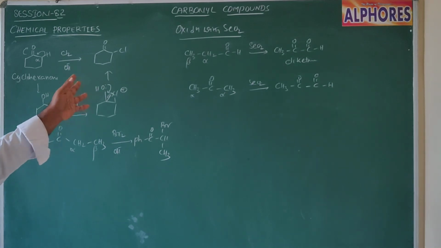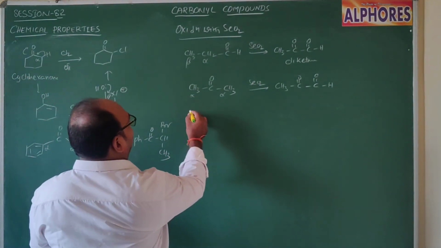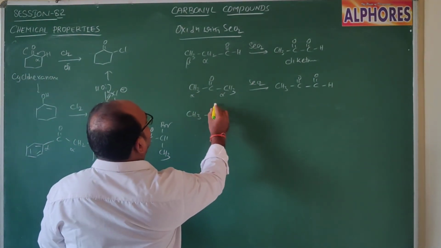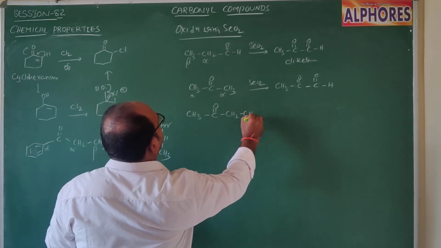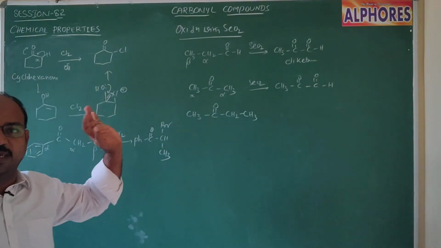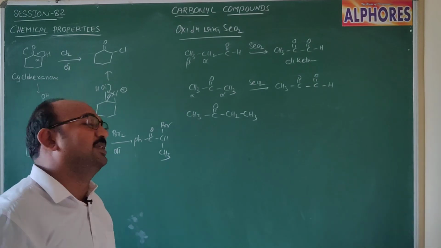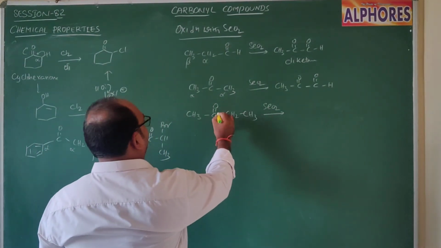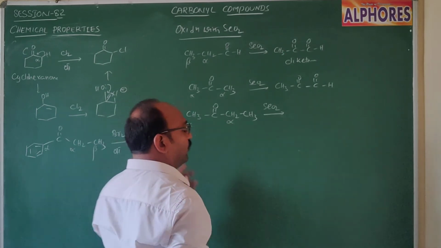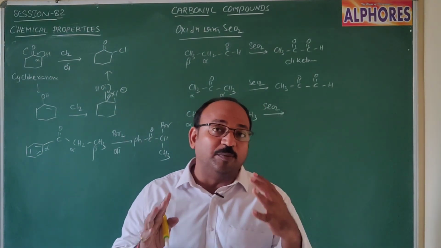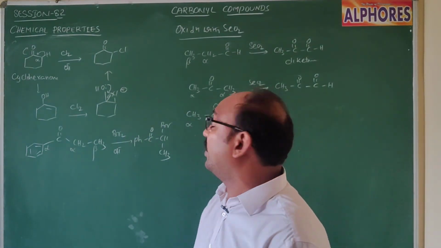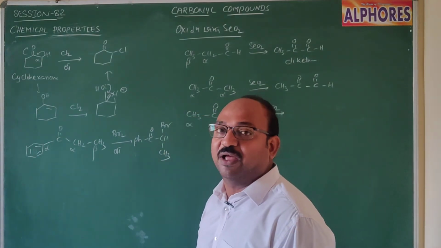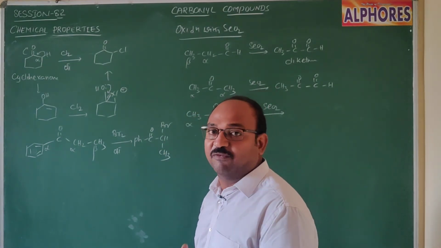Now in such a case, if you have CH3, C double bond O, CH2, CH3, then what happens here upon oxidation with selenium dioxide? With respect to the C double bond O, this is alpha, this is alpha. Both are alpha carbons. When they are different alpha carbons, one is alpha methylene and another is alpha methyl.